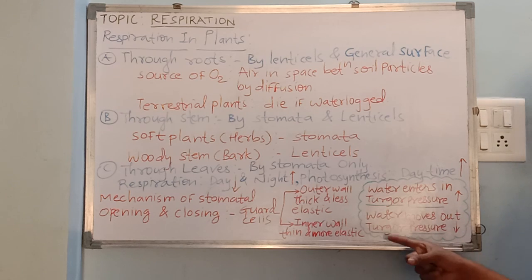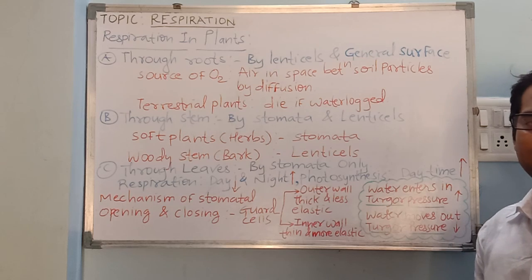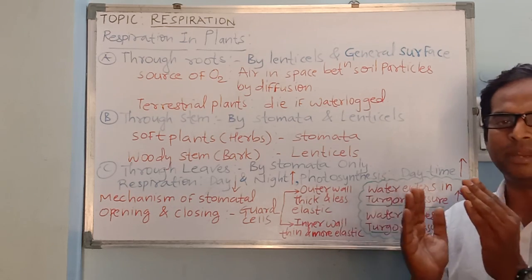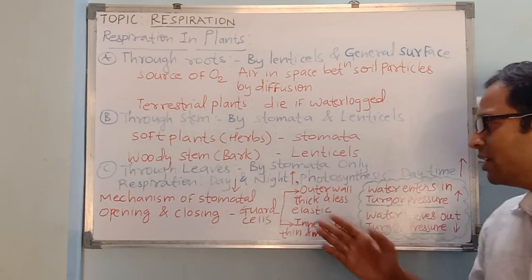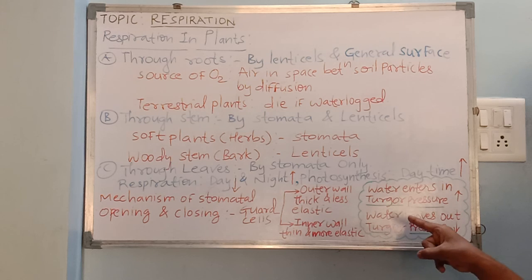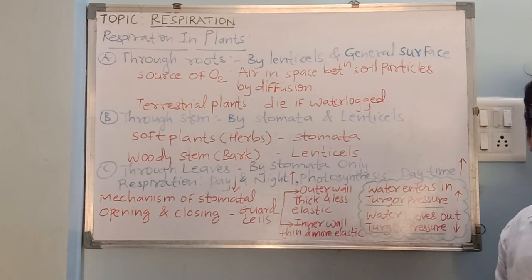As a result, turgor pressure will decrease, and when turgor pressure decreases, this stomatal aperture will close. So this is the way how these stomata open and close. So remember this mechanism. It could be your short answer question.